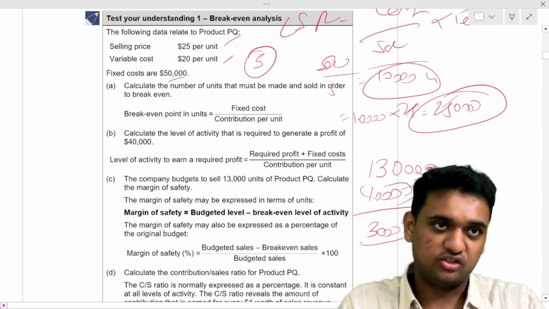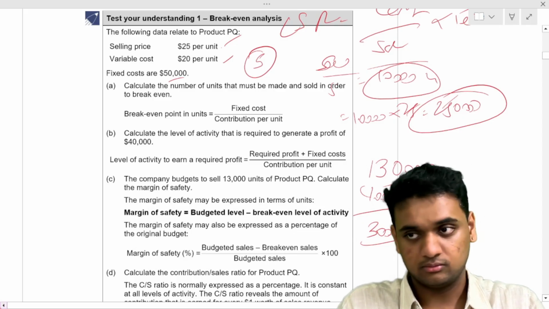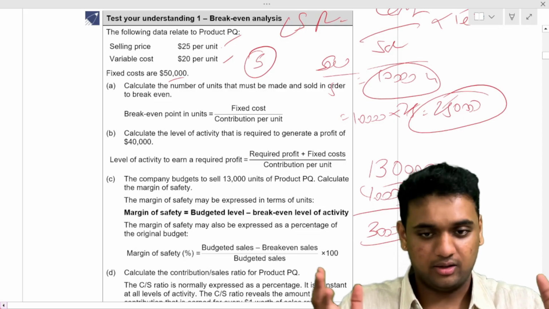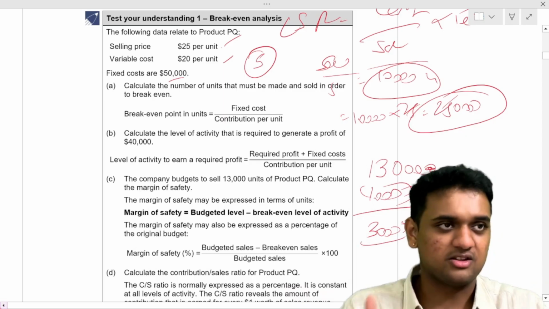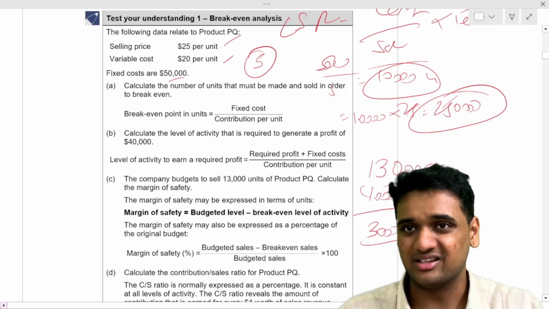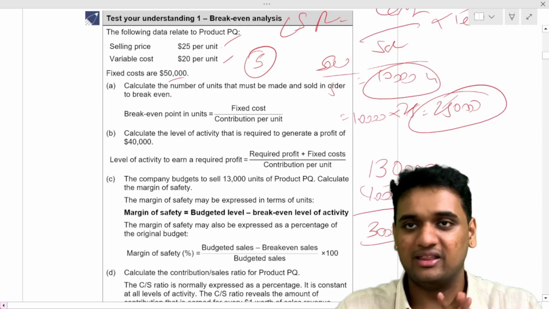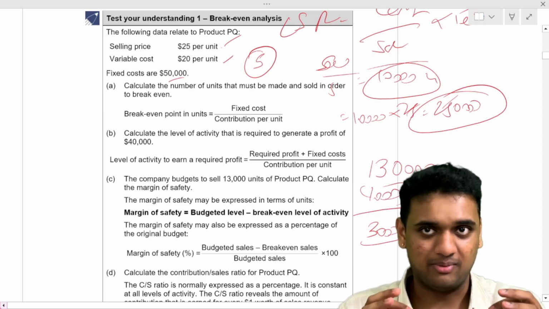In total, margin of safety is 3,000 units, divided by total units, 13,000 units, into 100. You will get 23% as your margin of safety percentage.